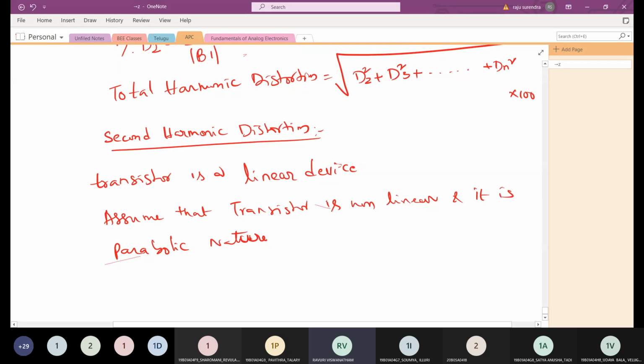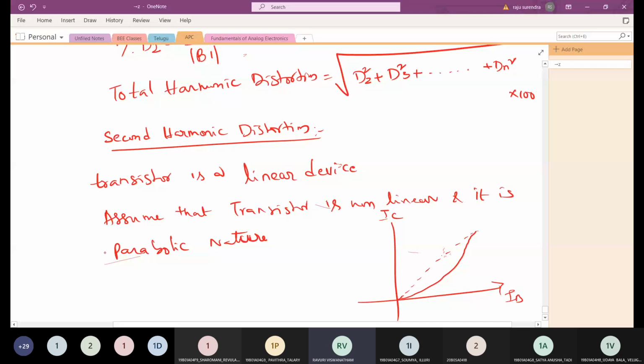Now, how will the characteristics vary? For example, the graph between IB and IC, which is actually linear for a transistor, but it shows parabolic.